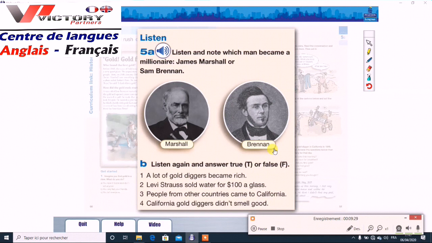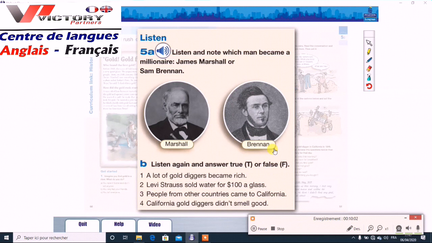Most gold diggers didn't. But men who owned businesses became rich. For example, Sam Brennan, who had a store here, became a millionaire. And Levi Strauss... Levi Strauss? Yes, Levi Strauss was the man who invented Levi jeans. He started making trousers for the gold diggers. He used material from France called serge denim. People called it... Denim. Denim.